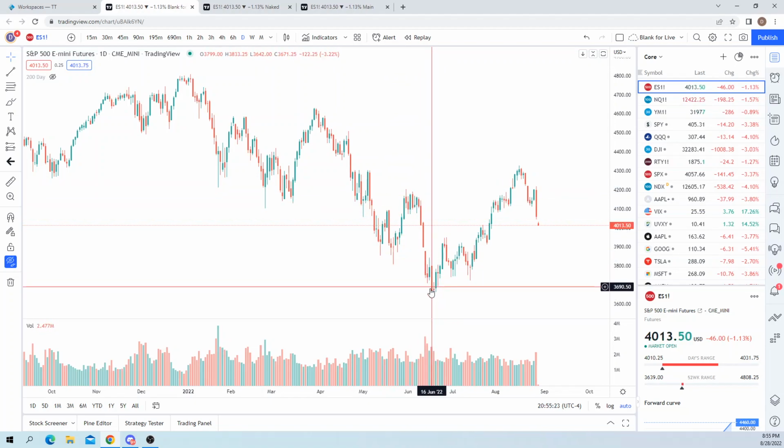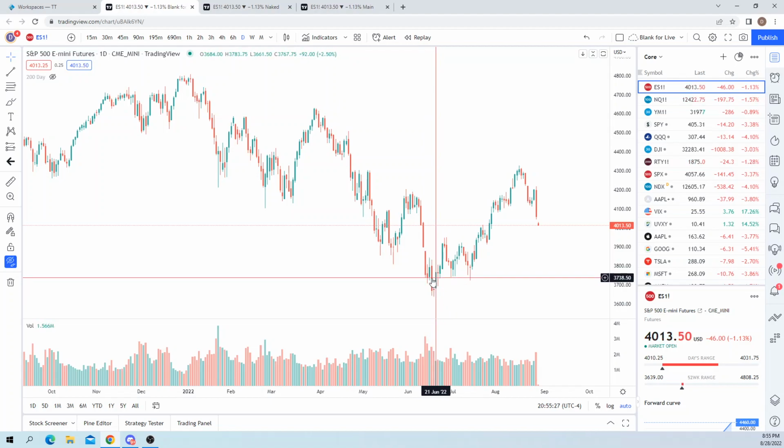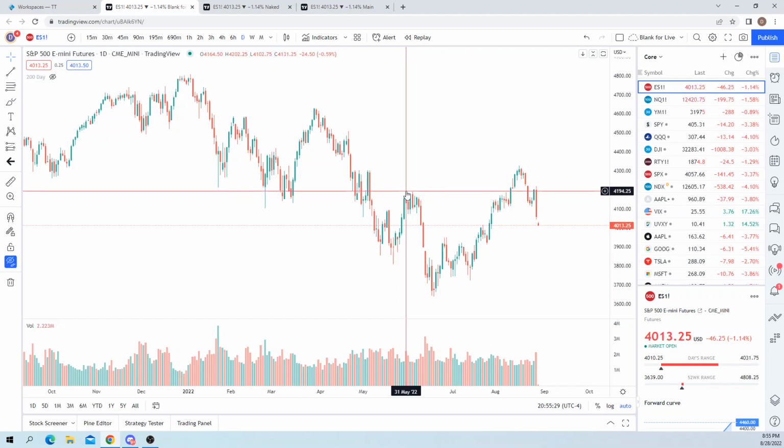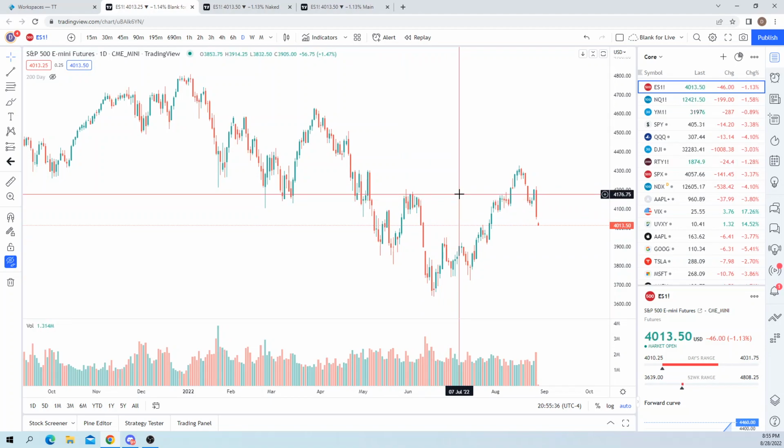Those were the lows of the year, right? The 2022 lows happened after price hit that 4,200 area and then rolled over. So this 4,200 region has historically been known to be a very pivotal area.